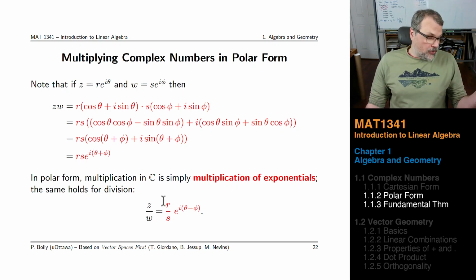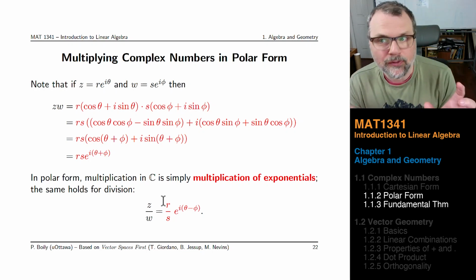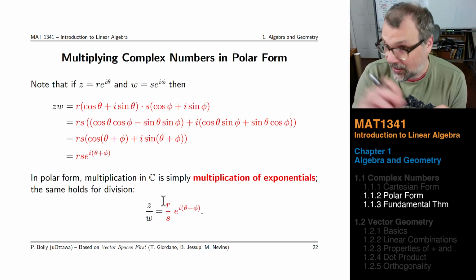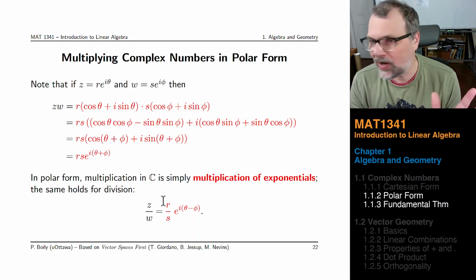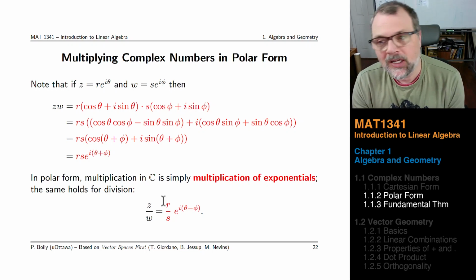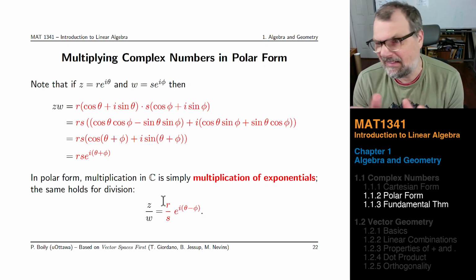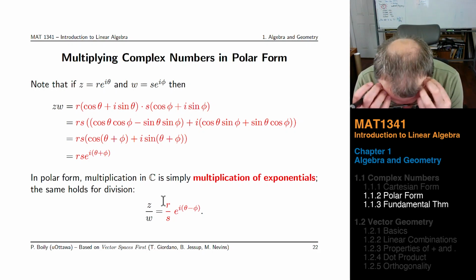Where complex numbers in polar form really shine is when the time comes to multiply them. Cartesian forms are very good for adding complex numbers together. It's vectors that get added together, and it's very easy to add vectors together. Not so great for multiplication. Polar form is great for multiplication, but for addition, not so great either. How do we actually work with them?